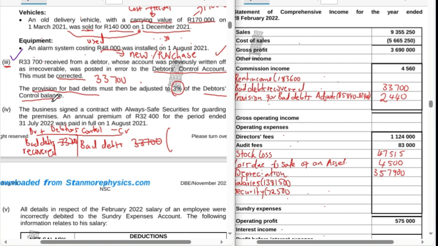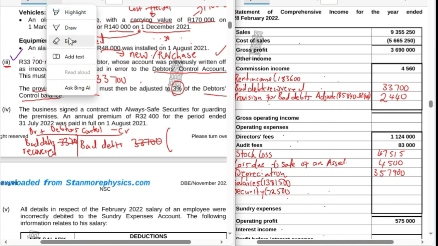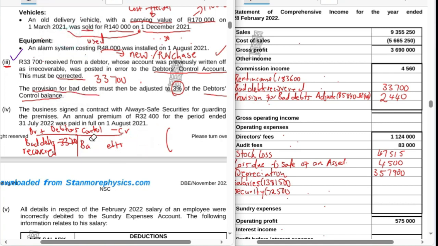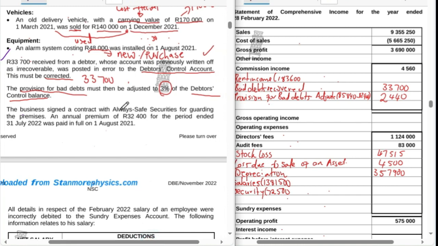It says the business, can I just do this before we continue, just to clean our question paper so that we can be able to show the workings. And then it says the business signed a contract with Always Save Securities for guarding the premises.